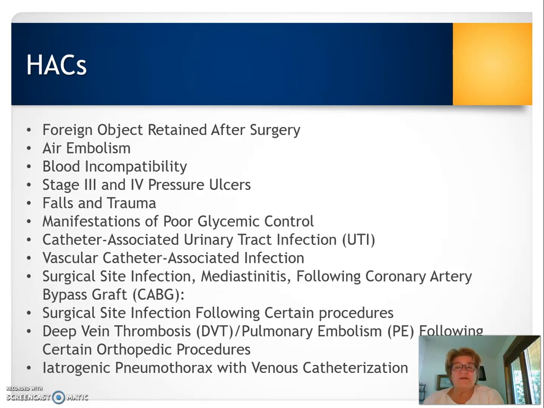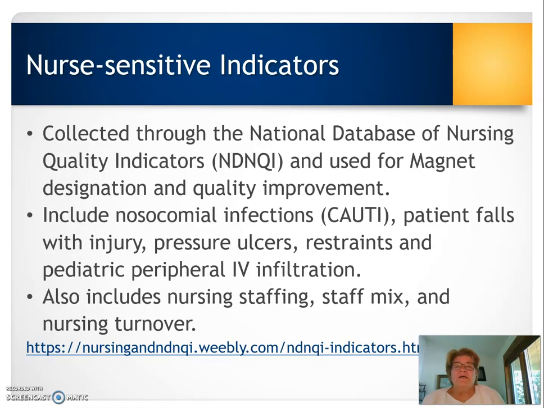However, sometimes they are. CAUTIs, vascular catheter infections, surgical site infections for certain procedures, DVTs, pulmonary embolism, and then iatrogenic pneumothorax with venous catheterization. And that's more of a complication. It does happen. It's not always an error. It's more of a quality issue.